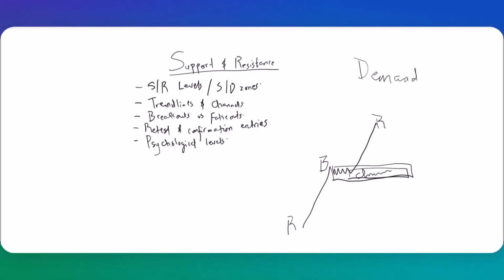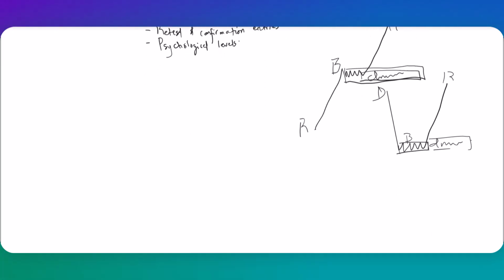Then we have drop base rally. Also a demand zone. Then we have rally base drop.